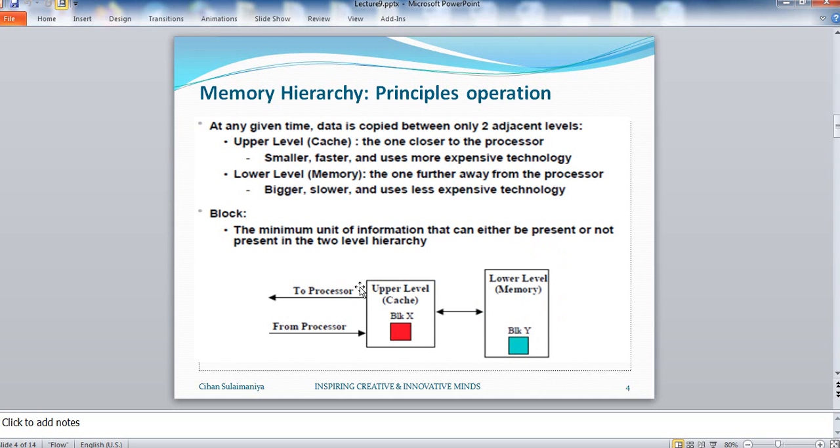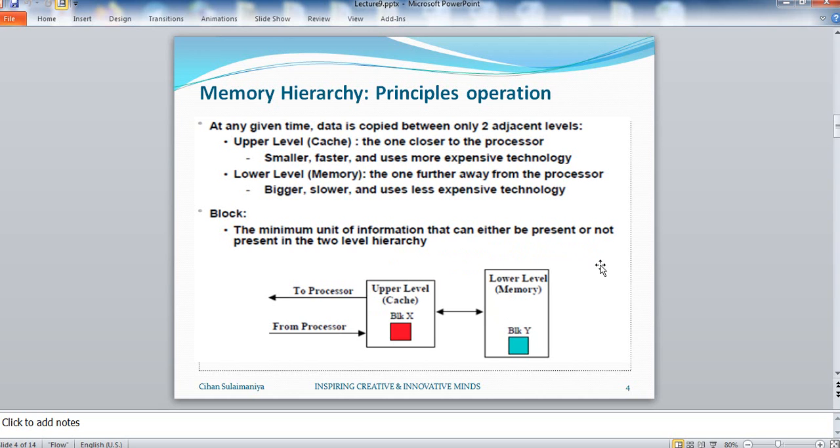However, if the microprocessor is going to search for the information inside the upper level, inside the cache memory, and the information is not found here, it's going to search inside the lower level memory. If it's not found in the lower level memory, what's going to happen?